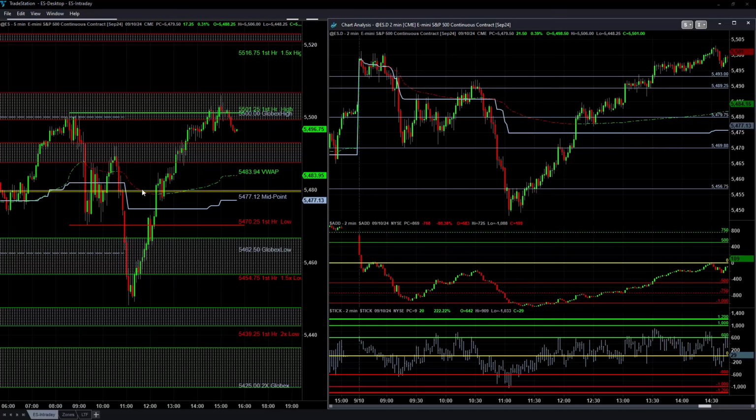So heading into the open, we have this key area of resistance, and then we also had resistance in NQ at 18,787 to 841. For those of you who follow me on X, on Twitter, this is something that I posted about ahead of the open.